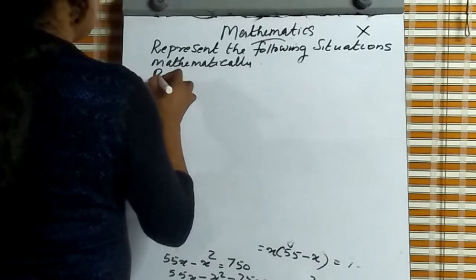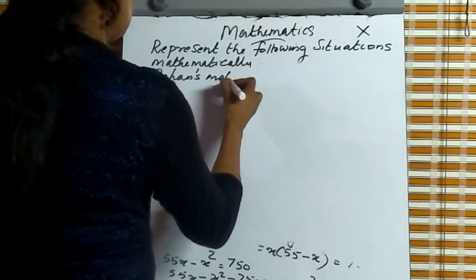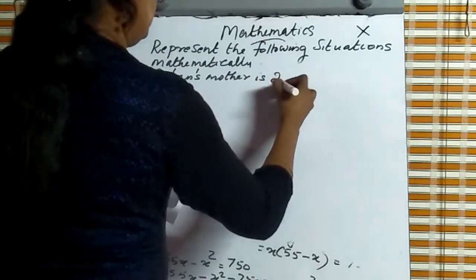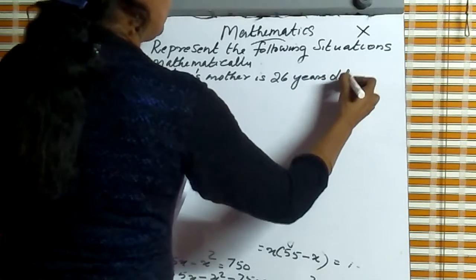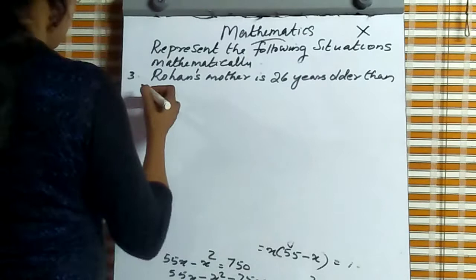Rohan's mother is 26 years older than him.